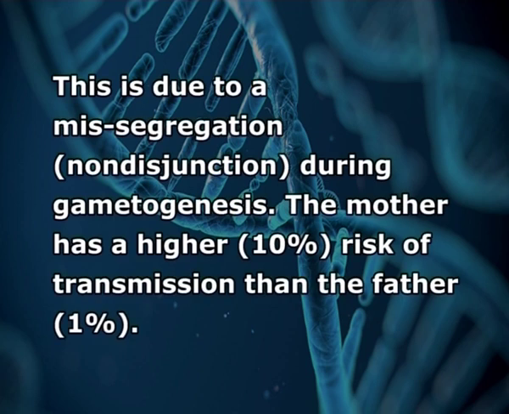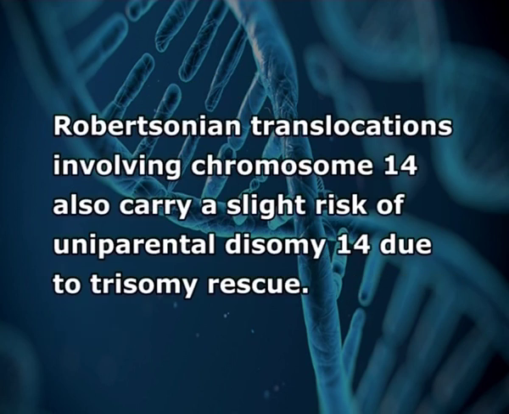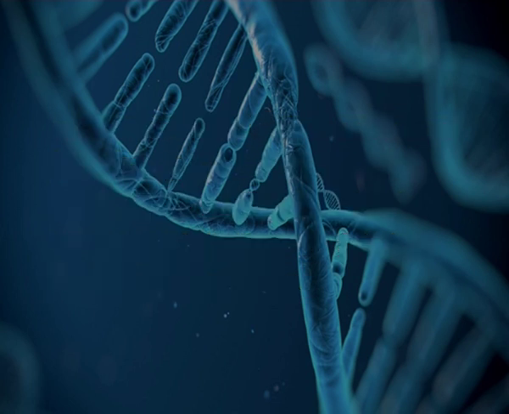This is due to missegregation or non-disjunction during gametogenesis. The mother has a higher, 10% risk of transmission, than the father, with 1%. Robertsonian translocations involving chromosome 14 also carry a slight risk of uniparental disomy 14 due to trisomy rescue.